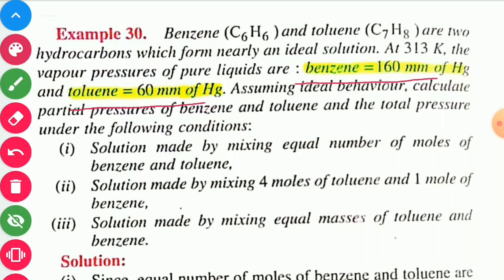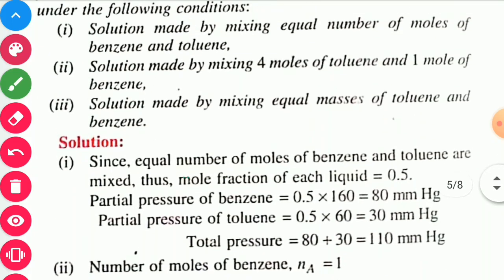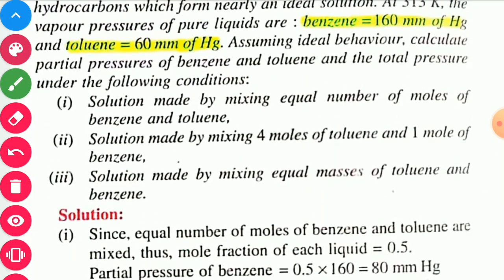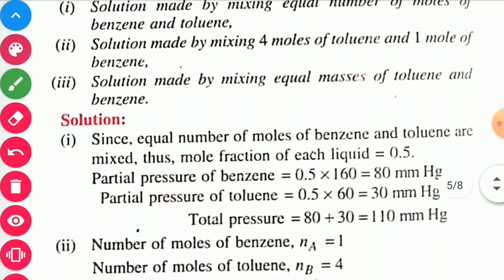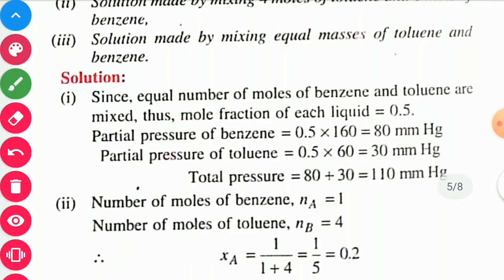First of all, the partial pressure of each component, benzene and toluene, as well as the total vapor pressure of the solution. So in the first case, the solution is made by mixing equal numbers of moles of benzene and toluene, so the mole fraction of each component will be 0.5.